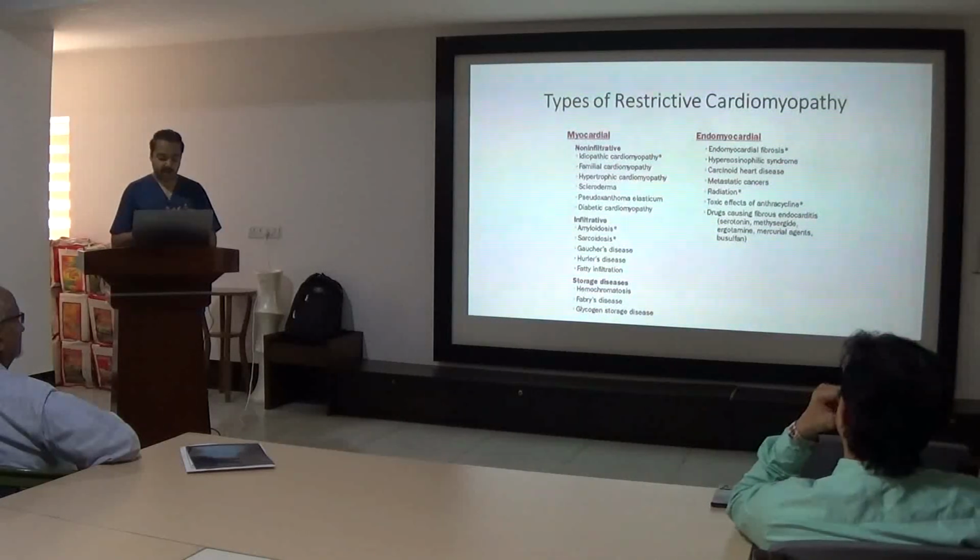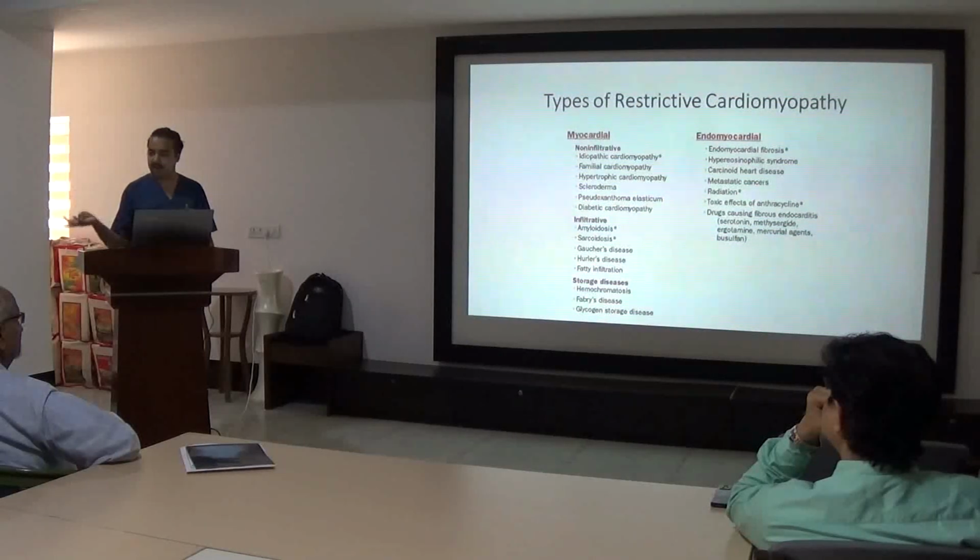Types of restrictive cardiomyopathy: multiple. So in the modern era, the restrictive kind of pattern is generally seen in elderly patients, patients who have diabetes, and patients who have had radiation therapy in the past, or some oncological disorder. Other causes are idiopathic, familial; hypertrophic cardiomyopathy can also have a subcomponent of restrictive cardiomyopathy.